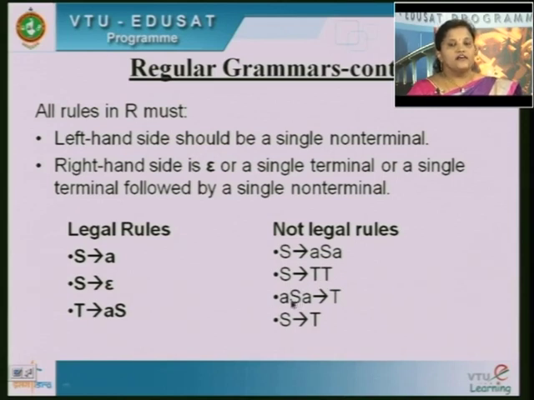And similarly ASA. Always the left hand side should be a single non-terminal, and you also cannot have a single non-terminal deriving a non-terminal. Always a non-terminal derives a terminal or a terminal followed by a non-terminal. So while defining the rules for any grammar, you should keep this in mind and then write the grammar.